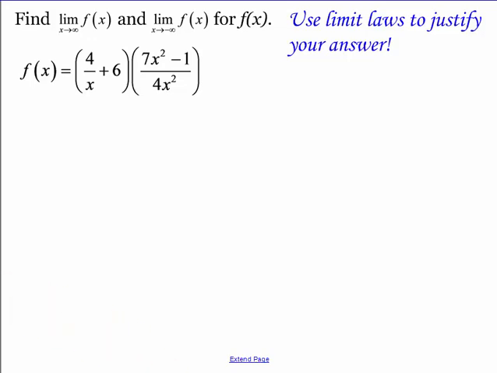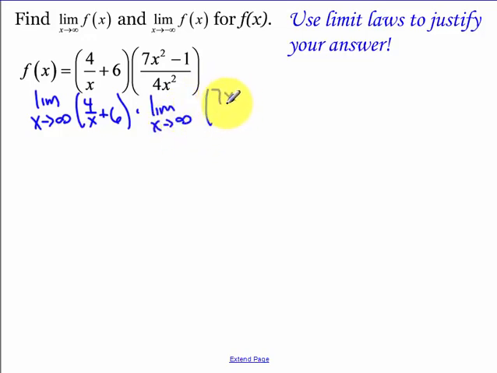Okay, this example: finding the limit as you get really big and you get really small, using limit laws to justify my answer. So what I'm going to do is look at this first one, and the second function, because I can break limits off by multiplication.